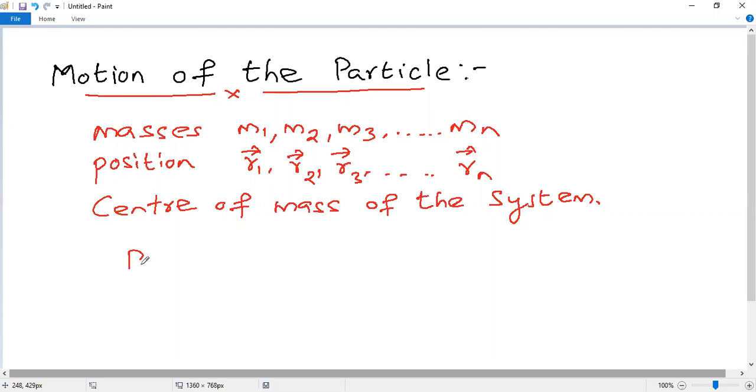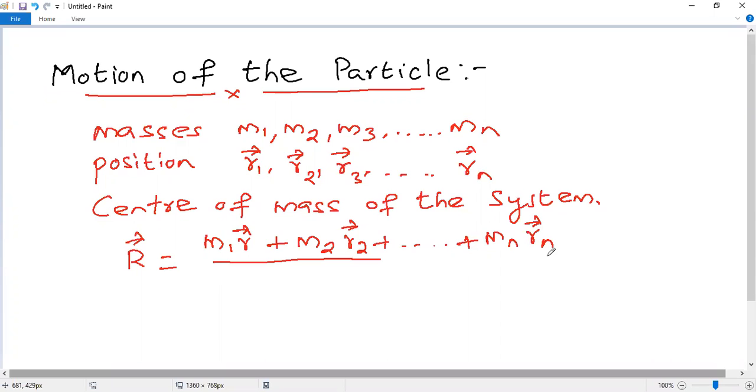The formula: R vector equal to m1 r1 vector plus m2 r2 vector plus up to mn rn vector, divided by m1 plus m2 plus up to mn. This is the position of the center of mass of the system.